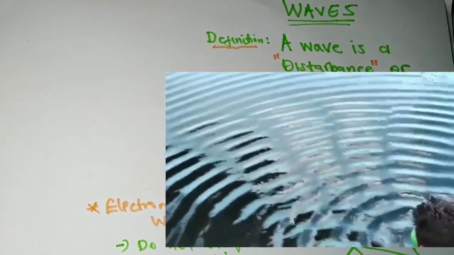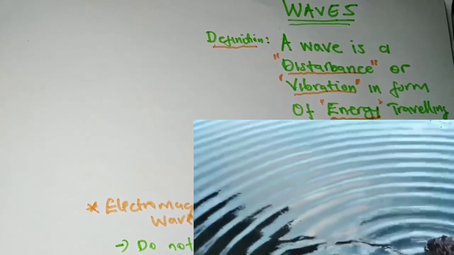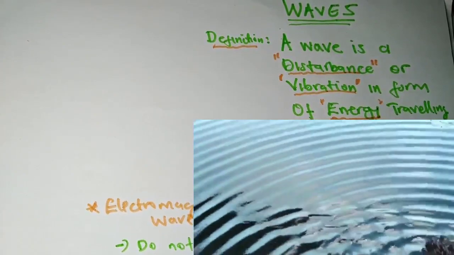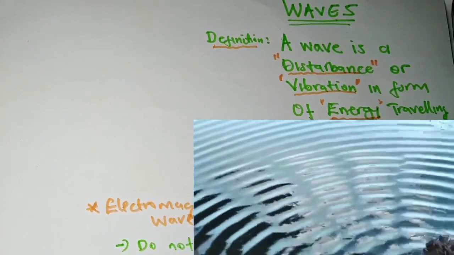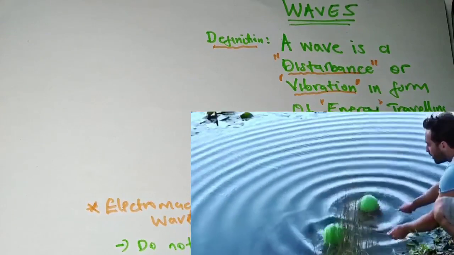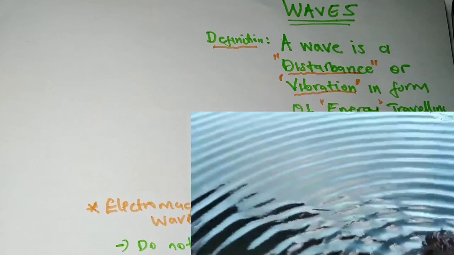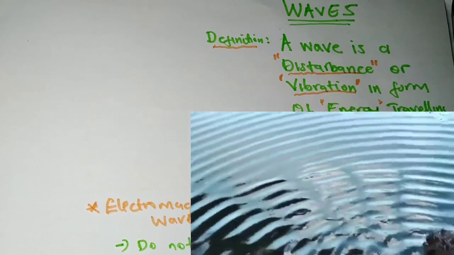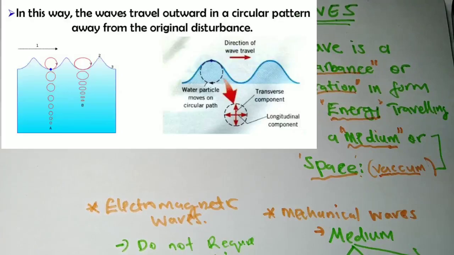This disturbance causes water on the surface near that point where he's hitting with whatever he has in his hand to move, which in turn causes points further away to move. Let's look at what is going on in this other diagram. In this way, the waves travel outward in a circular pattern, away from the original disturbance.